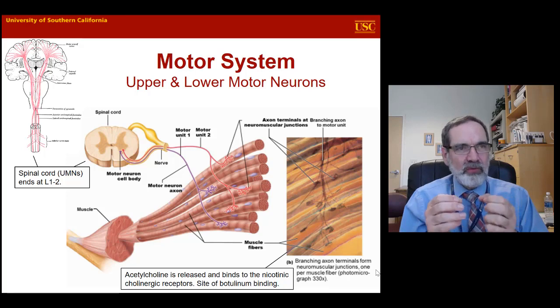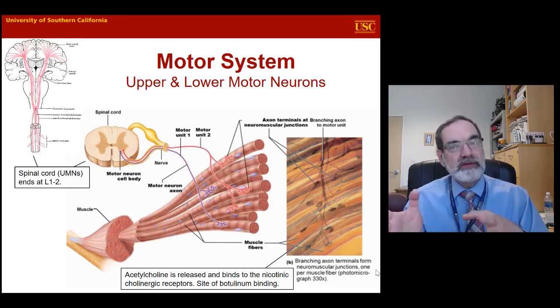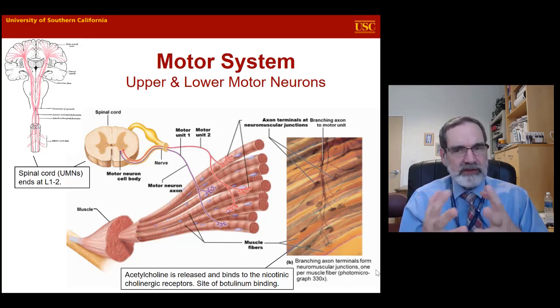And so what botulinum toxin does is actually paralyze a bunch of motor units because they can't get the acetylcholine signal to contract. So without that signal, because it's blocked by the botulinum toxin, those fibers won't contract and they are essentially paralyzed.